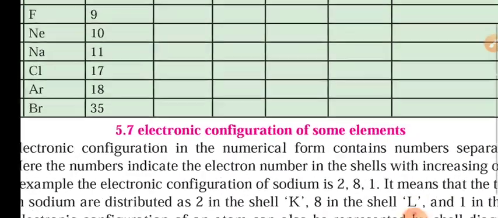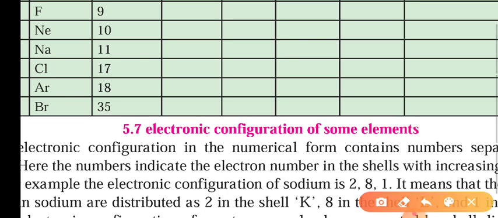Bromine they have given as 35. You can see the number of electrons is 35. So K can hold 2. The first shell can hold 2. The second shell can hold 8. So 8 plus 2, 10. And 35 are there. So 35 minus 10, 25 left.